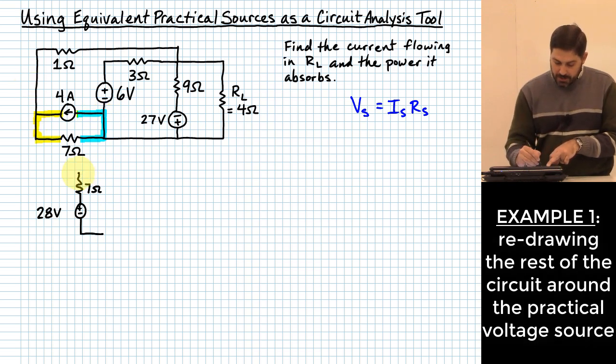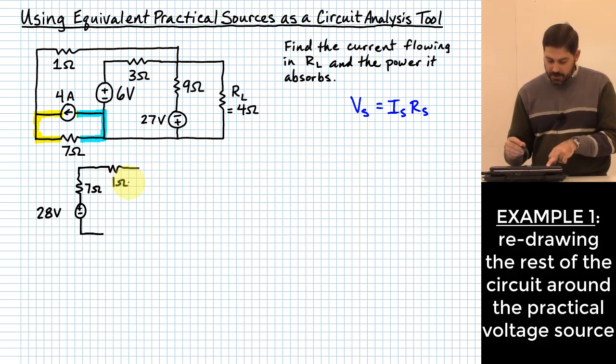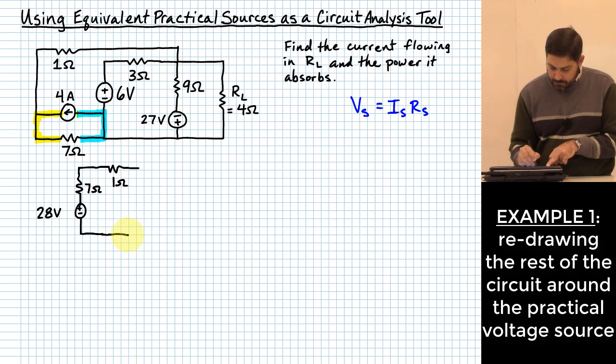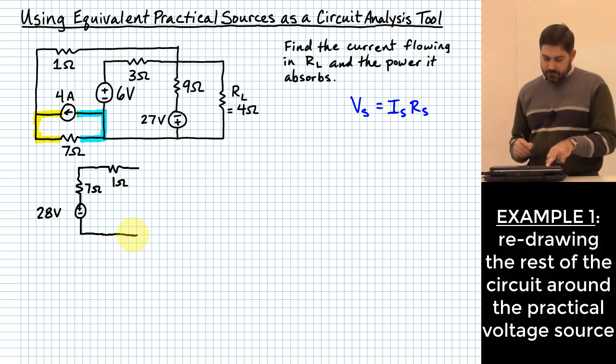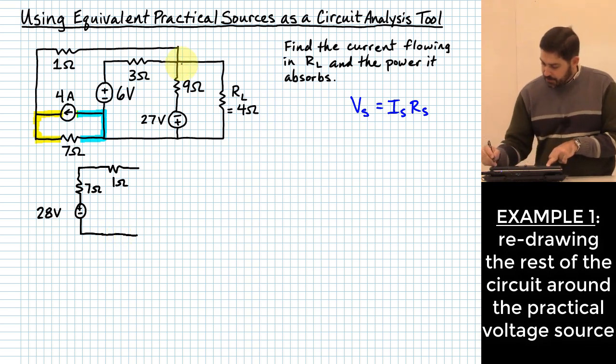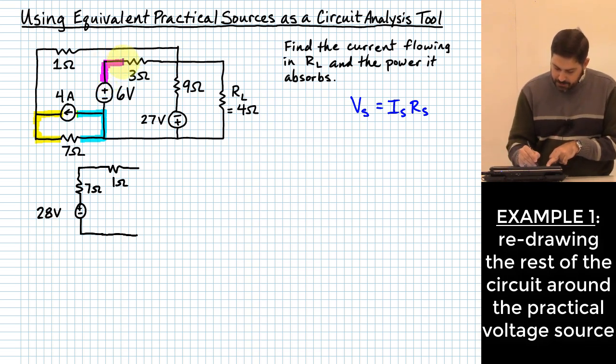What happens once we connect it up into the yellow node? What does it connect to next? That 1 ohm resistor. Then from there, where does it go? Okay, way over here to this node over here. Tell you what, I'll color the rest of my nodes so that we're comfortable with everything.